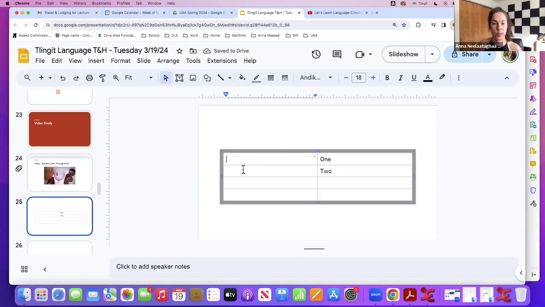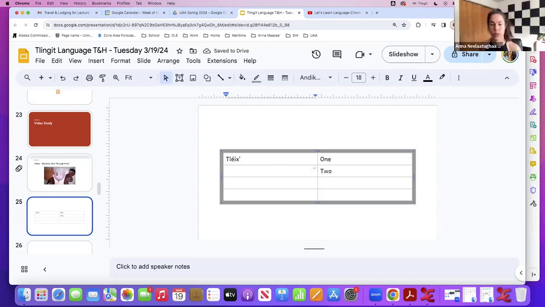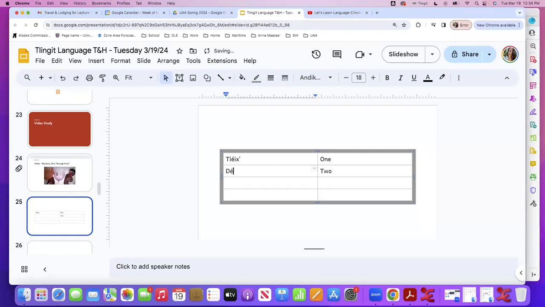Wasa duwasak 1, Lingit Class. Lake. Take awa. And wasa duwasak 2. Dake. Good memory. Dich.